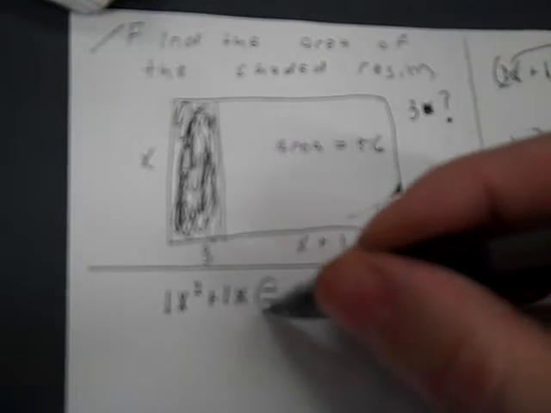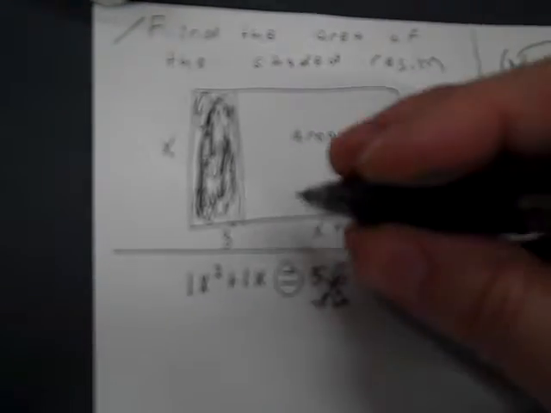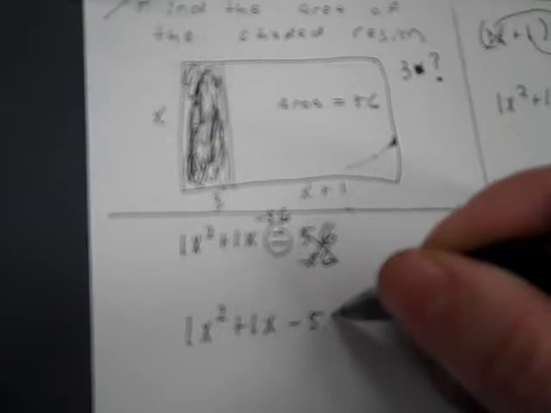And I have x to the second along with regular x, so we need to get our equation here. Instead of 56, I want 0, so I'm minus 56. That's kind of a reject. It can't go with anything, so I'm going to minus 56 up there. So now my equation's 1x squared plus 1x minus 56 equals 0.